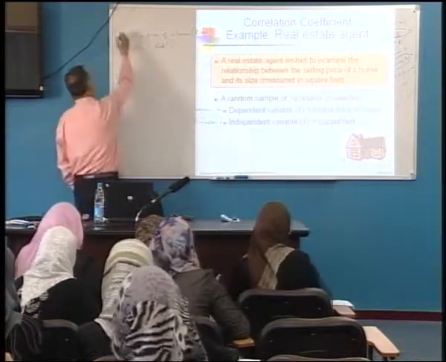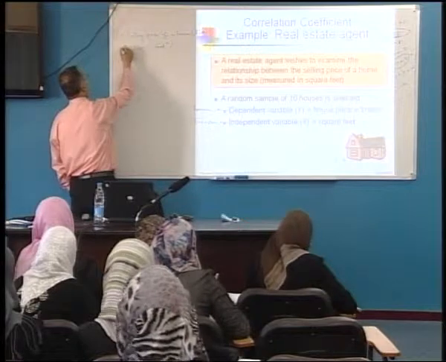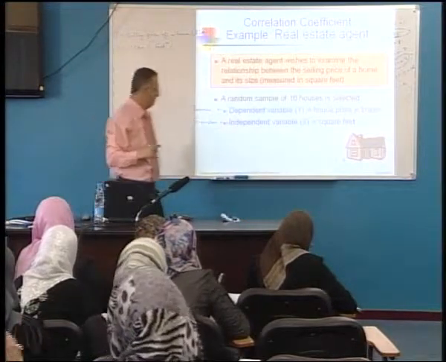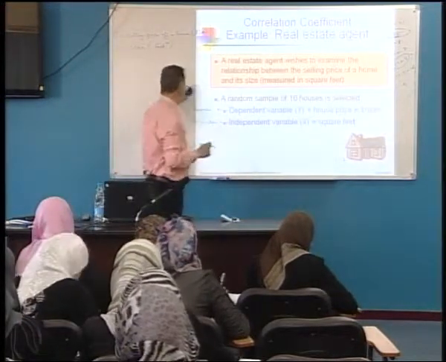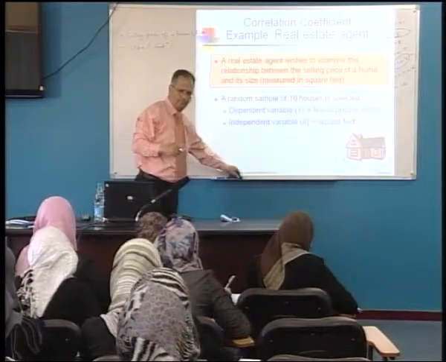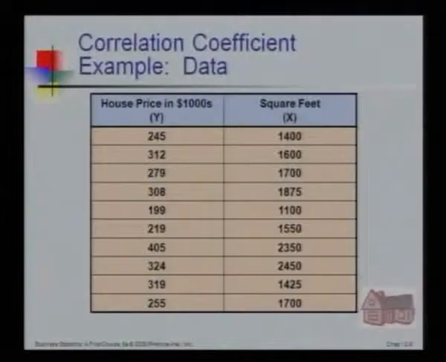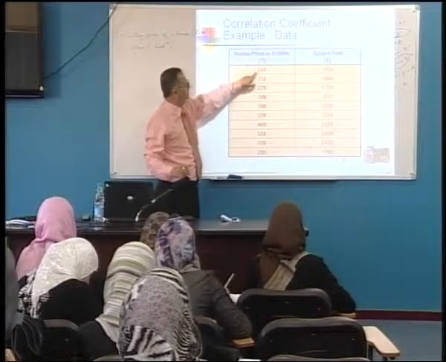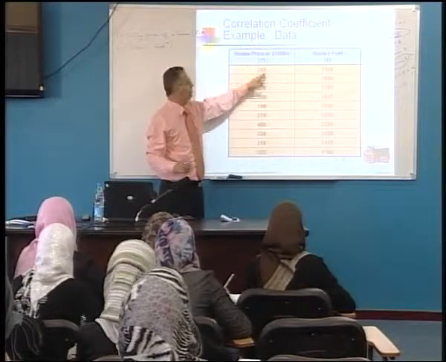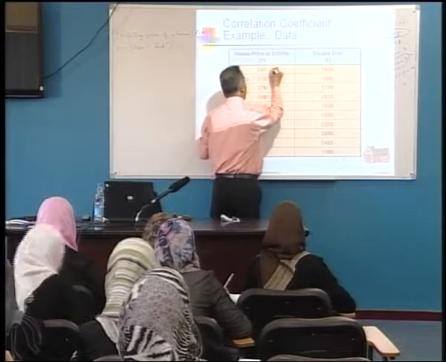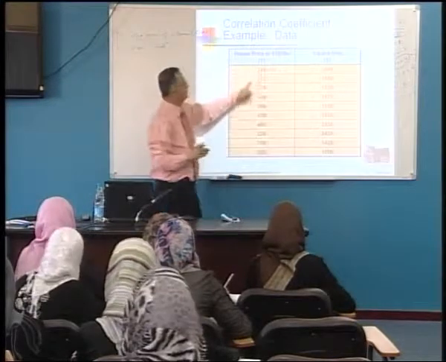So my y is selling price, and x is the size of the house. In this case, the sample size is 10. The first house with size 1,400 square feet has a selling price of 245 multiplied by 1,000, because these values are in $1,000.